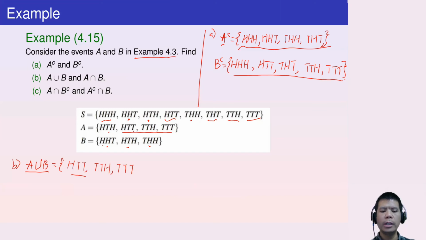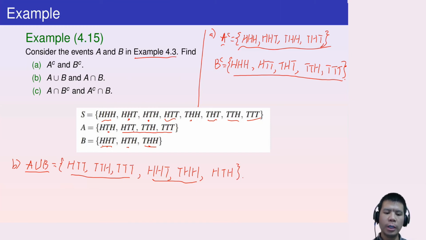So these are only in A, and then those are only in B. So that is this one and this one. And then in both A and B, that is going to be H, T, H. So therefore, we will have the union, either in A or B or both.